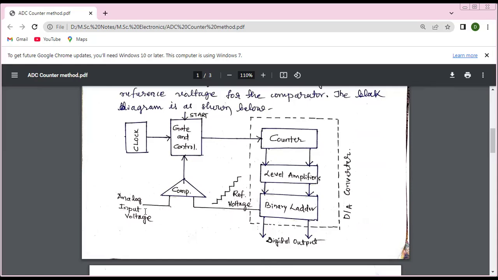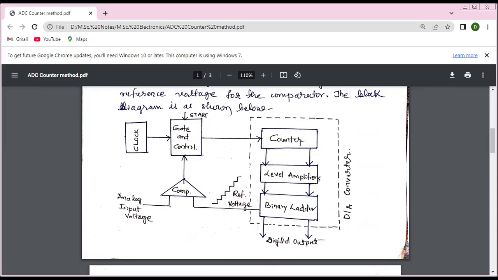And now we have the 3 volt input and 3 staircases are produced, and now both the inputs are equal, and the output of the comparator is 0, and that is sensed by the control circuit. The gate closes, the counter stops counting, but it stores the 3 volt in it.